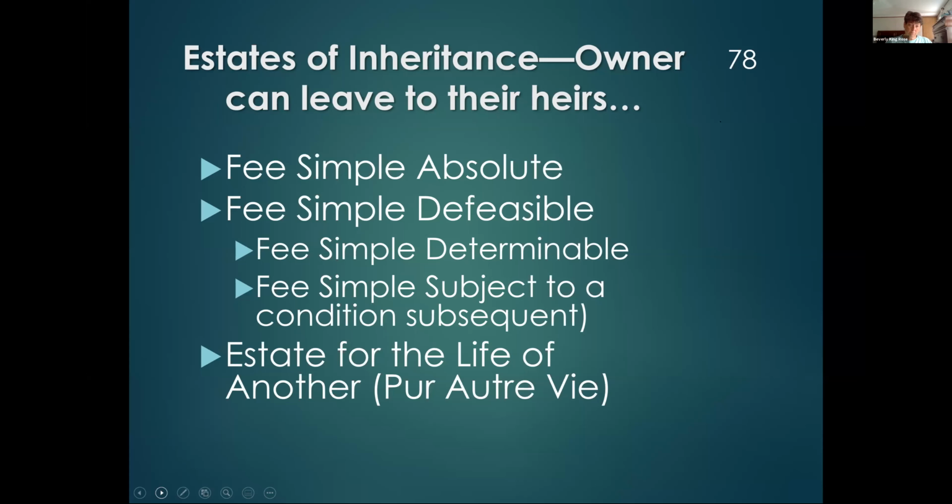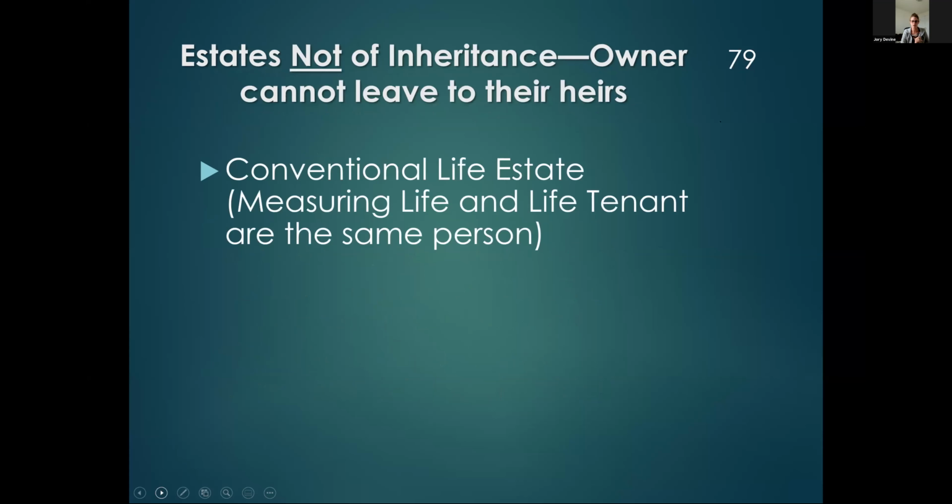Every single type of ownership can be left to who? Heirs. I just forced you to lie. Except conventional life is not inherited. Except one. Do you think it's possible they might ask you a test question about the one that's not inheritable? Yes, absolutely. And the one that's not inheritable is a conventional life estate.